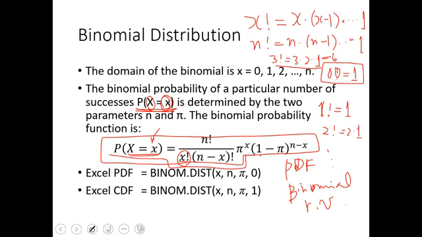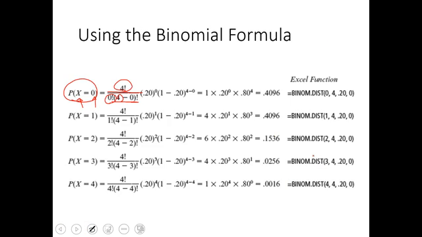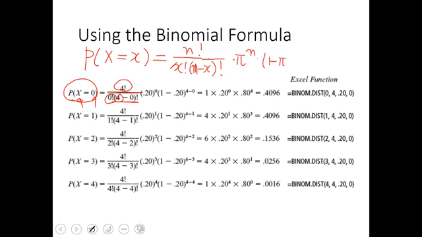Let's go back to the slide. In general, the probability that X is the same as x is n factorial divided by x factorial times n minus x factorial, times pi to the x power and 1 minus pi to the n minus x power.